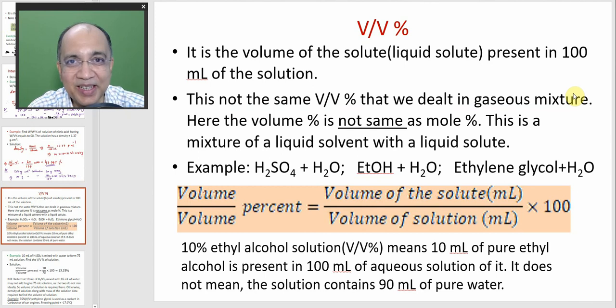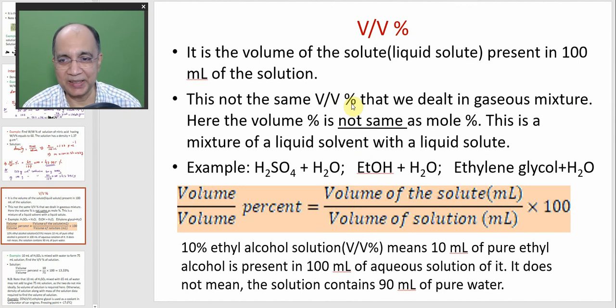It's not the gaseous state where the volume is directly proportional to the number of moles. It's not the case here. So this is a mixture of a liquid solvent with a liquid solute. So the concept of volume by volume percent that was applicable for gaseous mixtures will not hold good here.